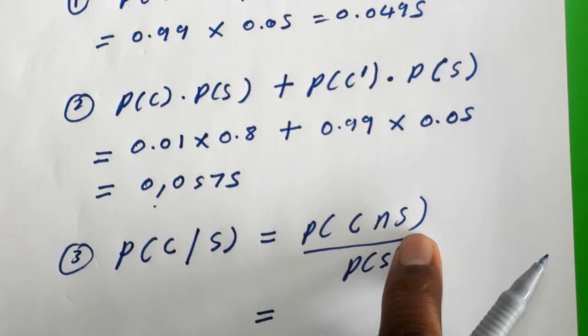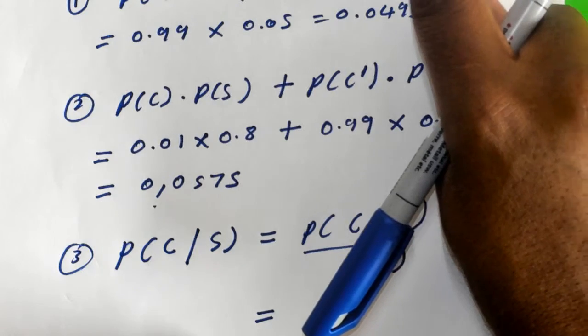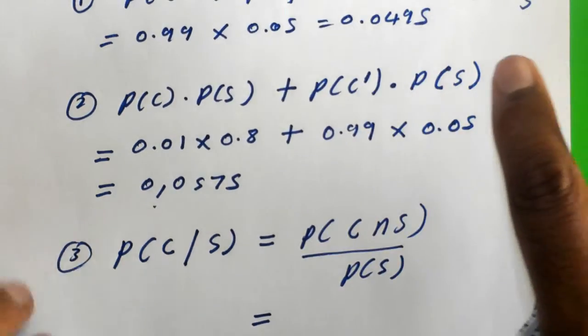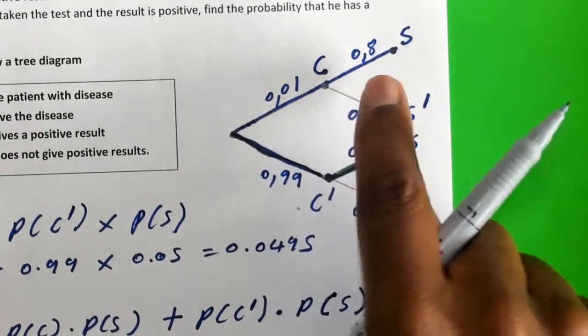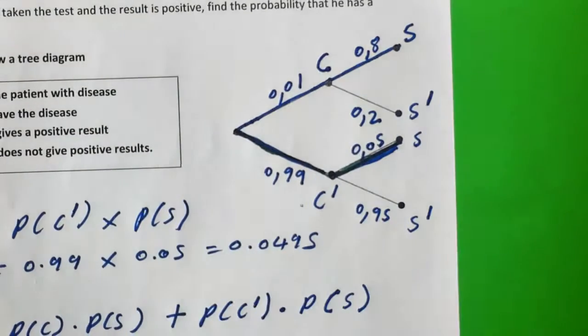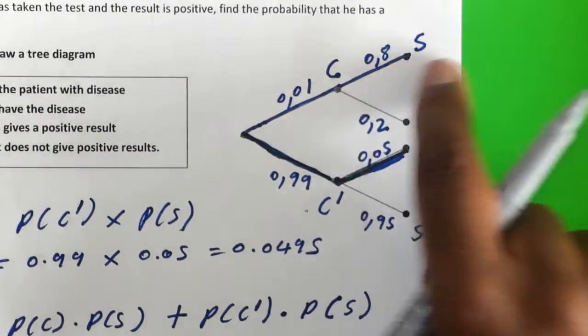So what is that? C and the screening positive, which is 0.01 multiplied by 0.8.